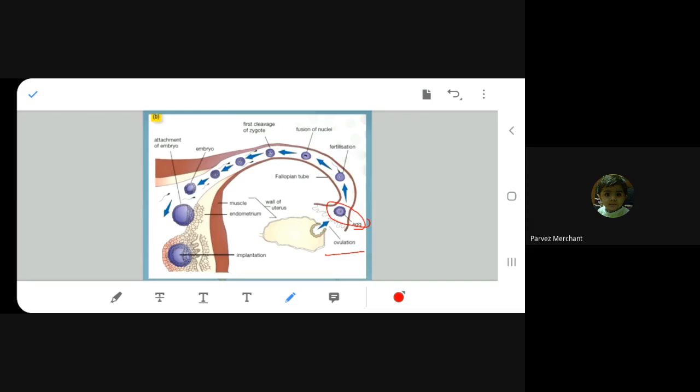The body will remove the egg along with the uterine wall in the form of blood. You understand? The uterine walls are removed from the uterus of the girl child along with the ovum. It is thrown out of the body. This is called menstrual flow. Do you understand better?